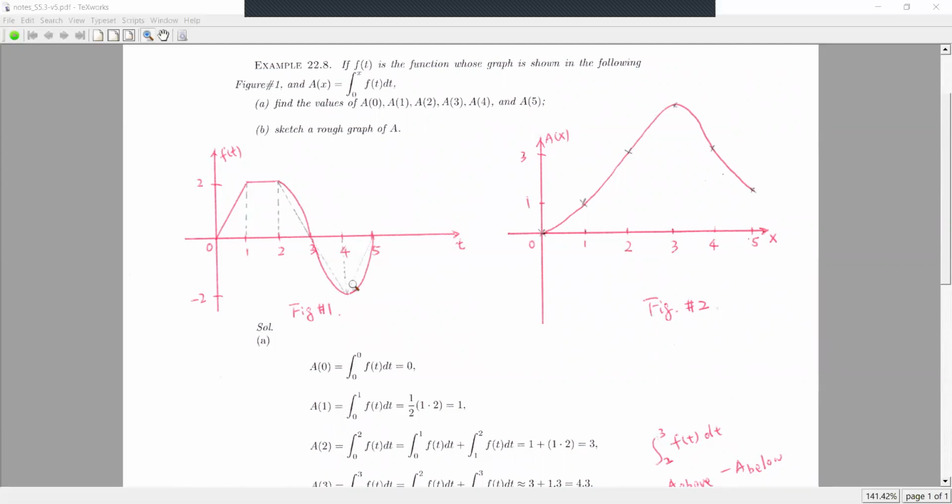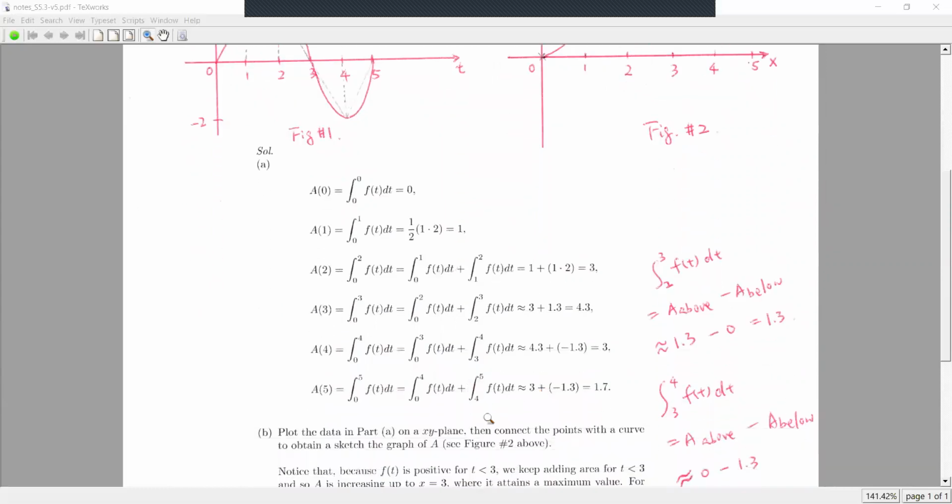My guess is again 1.3. Therefore, this net area integral is negative 1.3. So the sum is 1.7. So the value of A of 5 is 1.7. This is the answer to question A.